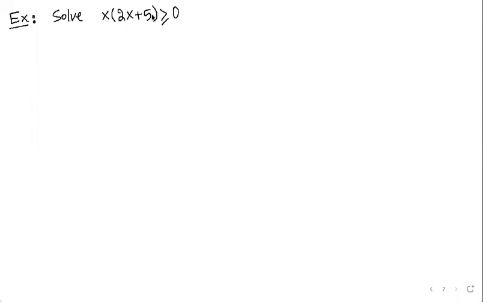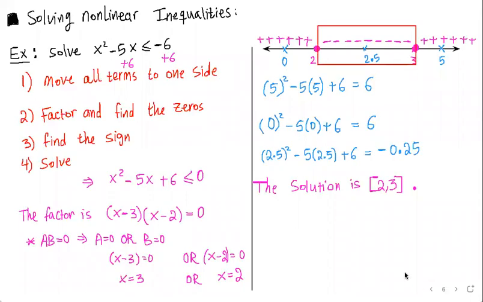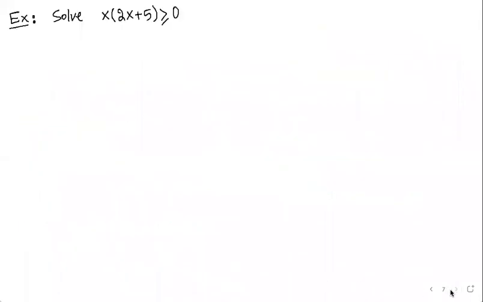Who will do the first step here? First step is done. We're moving everything to one side. It's moved already. Second step, factor. Who will factor and find the zeros? What is the factor for these things?